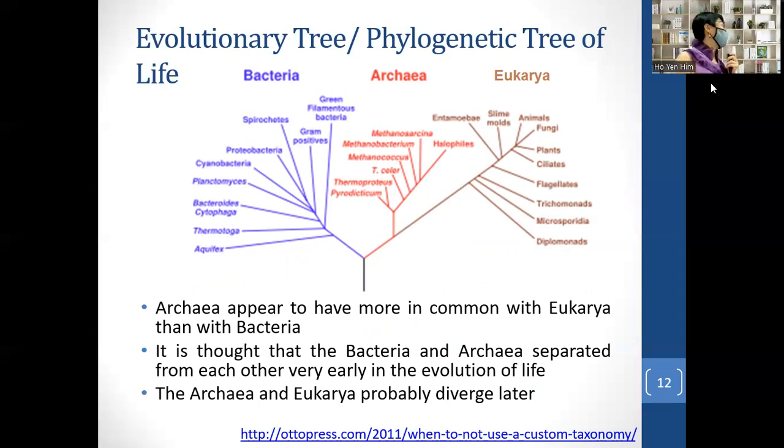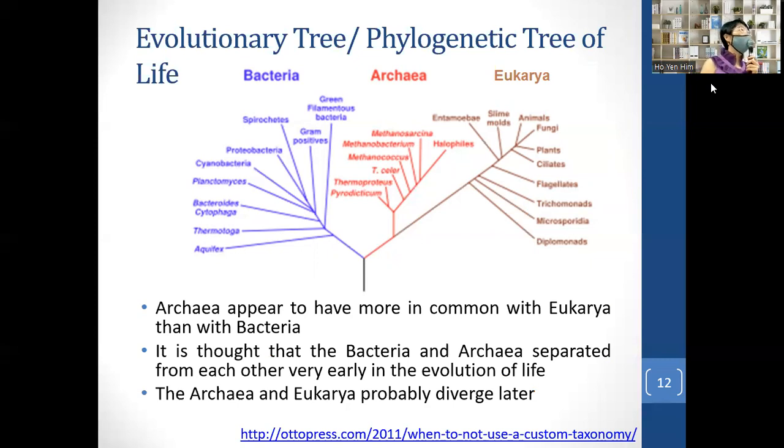Because Archaea appear to have more in common with Eukarya, both of them have a more recent common ancestor than Archaea and bacteria. So this shows you the evolutionary history: Archaea and Eukarya diverged later, and bacteria and Archaea diverged earlier in the evolution of life.